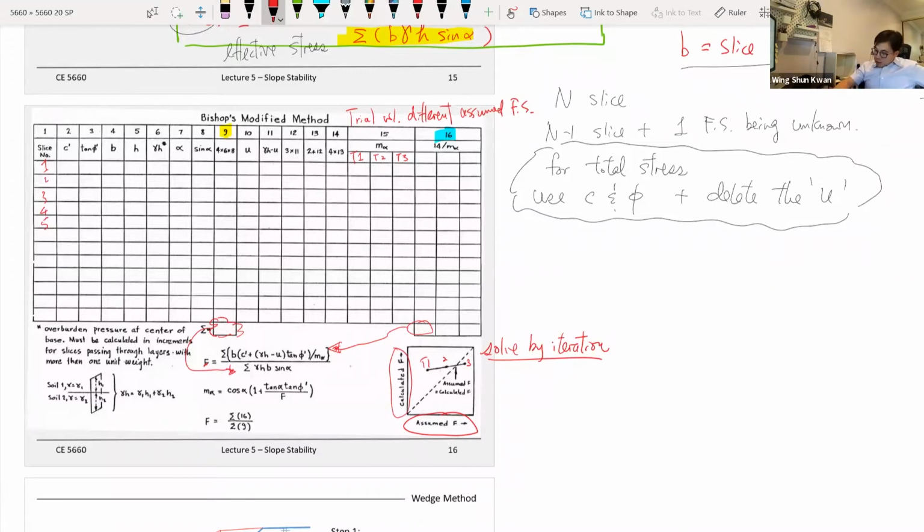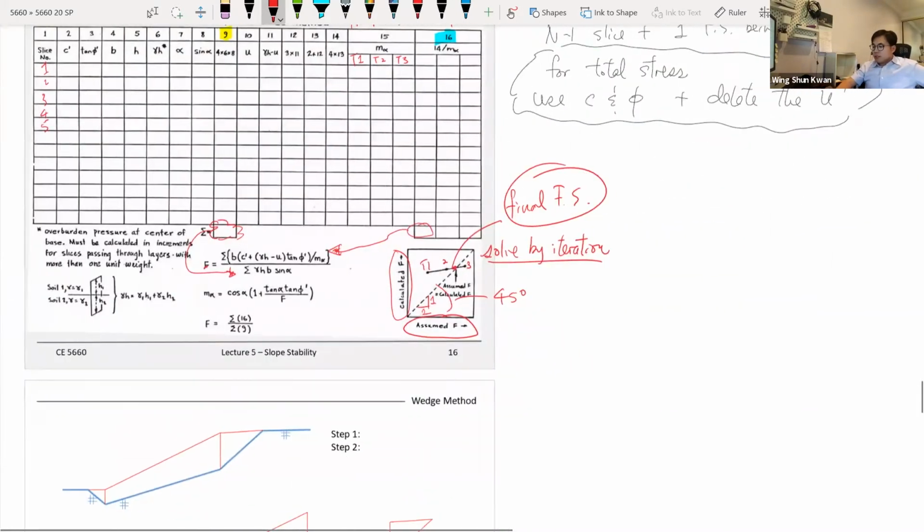If you draw a 1-to-1 line, this dashed line, which means the slope here is 45 degrees, at this point your assumed factor of safety equals your calculated factor of safety. So this will be your final factor of safety at that intersect point over there.